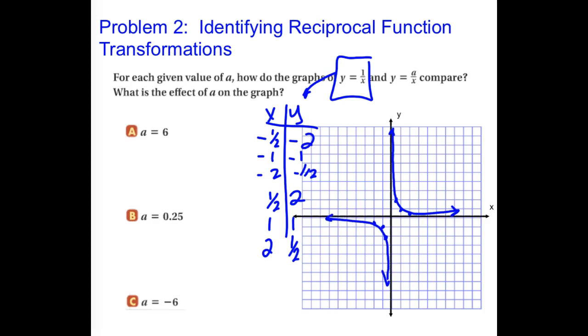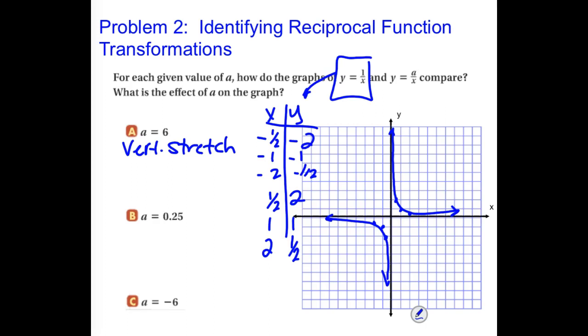All right. What would change if we change our a to being a 6? What kind of transformation are we doing? We are doing a vertical stretch. Do the quadrants change?